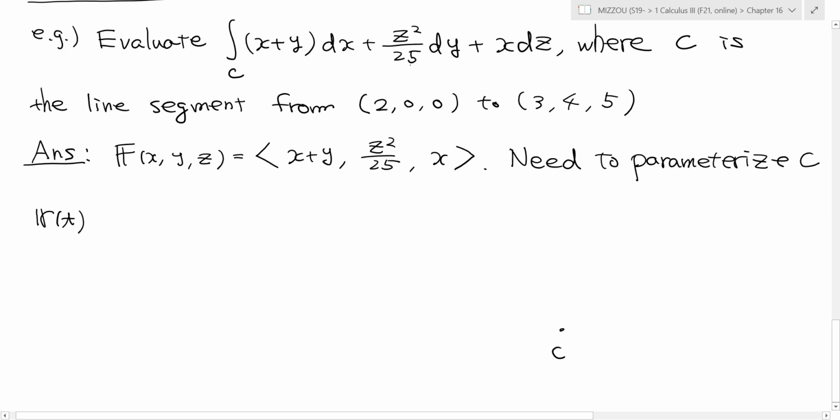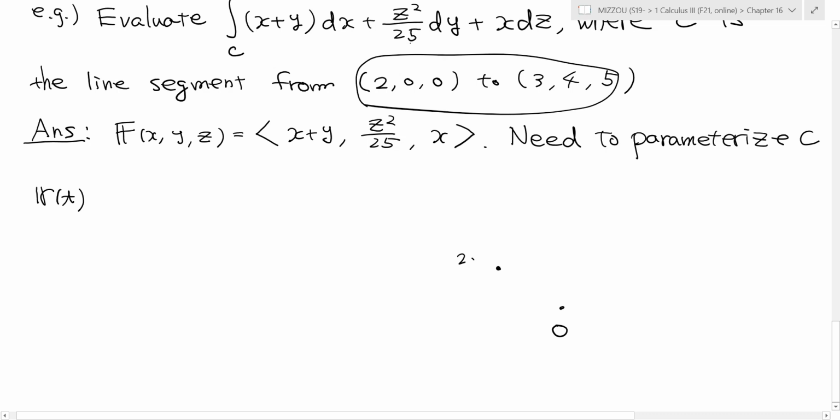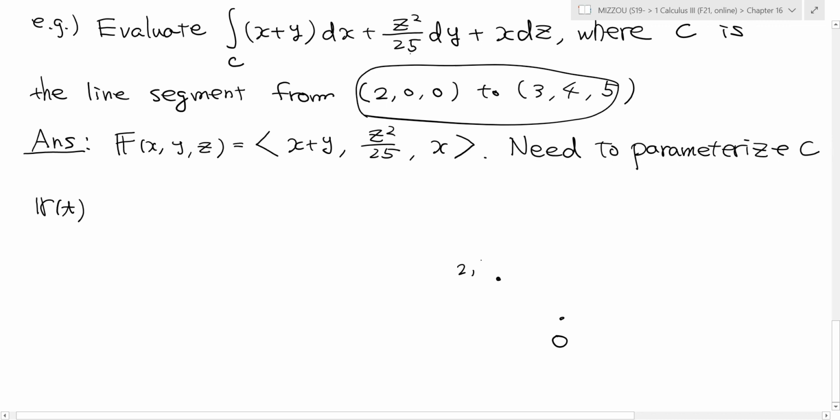Here's the origin O, and at t equal to 0, you are at the starting point 2, 0, 0. So the line segment goes from 2, 0, 0 to 3, 4, 5. This is our C.